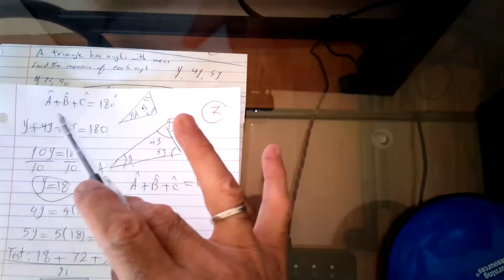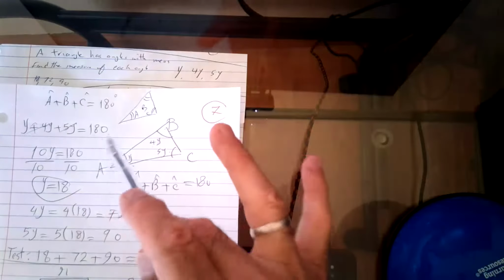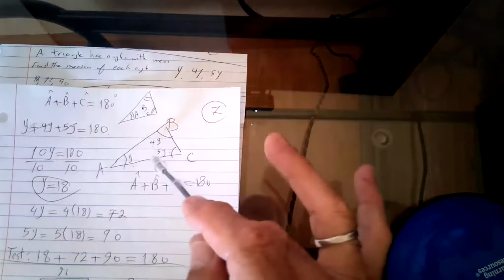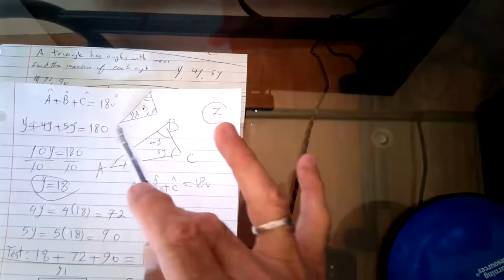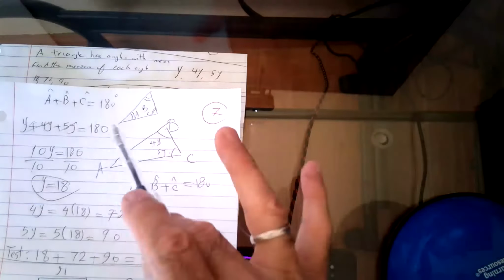And then if I want to know whether my answer is correct or not, I'll test it, to see if the outcome is 180 or not. So the sum of 3 angles is 180. So if all 3 of them are given as y, 4y, 5y, you add them all together and that's equal to 180. This is your equation. And go on.